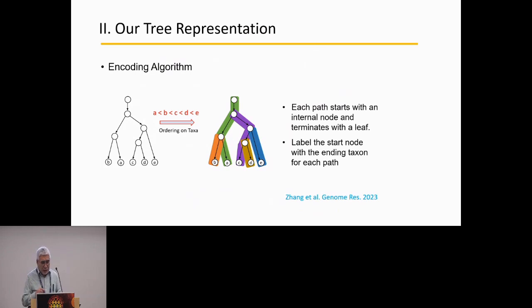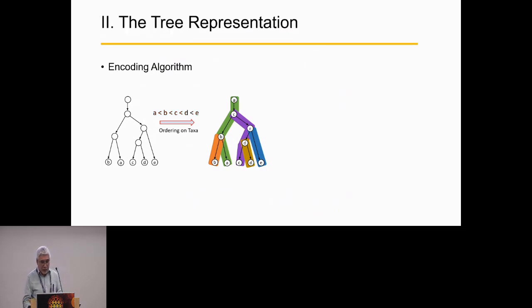Each path starts with an internal node and terminates in a leaf. Therefore, we can label the starting internal node using the taxa labels. So we have these labels for internal nodes. We have a path and its label, and then we obtain strings if we walk down the path. Therefore, for each taxon, we have a string.